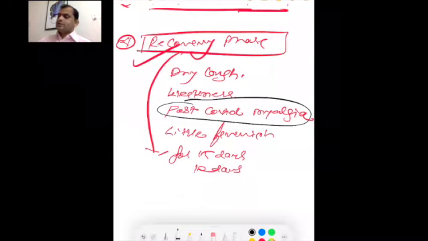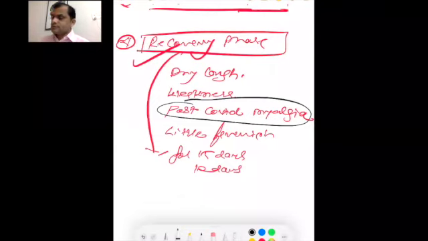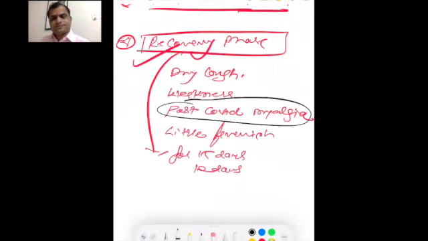Means now COVID has gone, but still the person is feeling lots of weakness. Still having some dry cough, feverish. Then what to do in this condition?